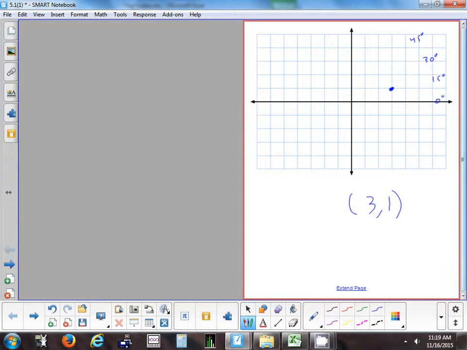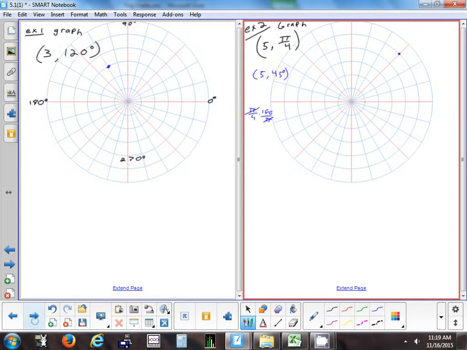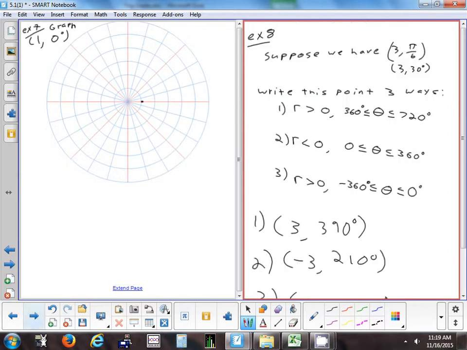Any question on that idea? So in rectangular, only one way to get to the same point. Polar, many ways. Any questions on graphing in polar? We're good counterclockwise and clockwise? Good? Okay. All right, so we just went through all these examples.